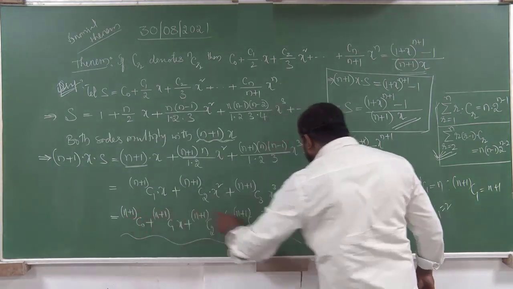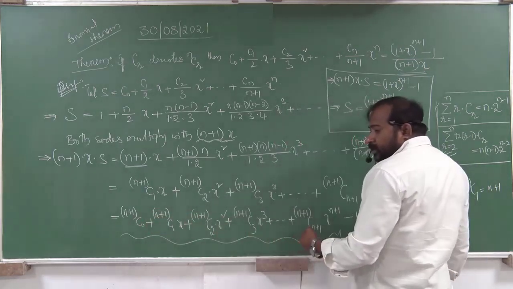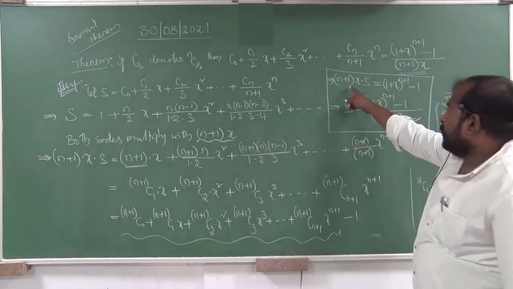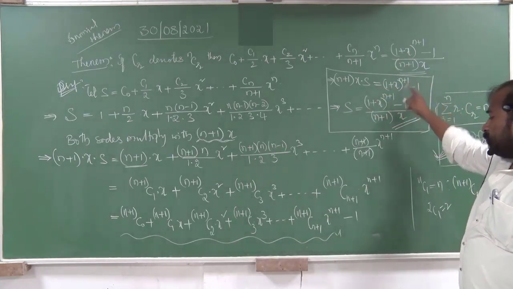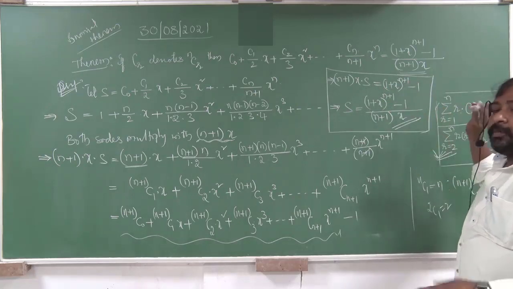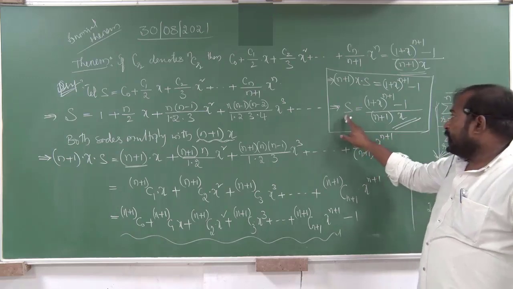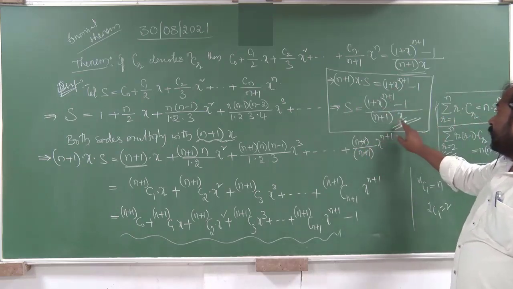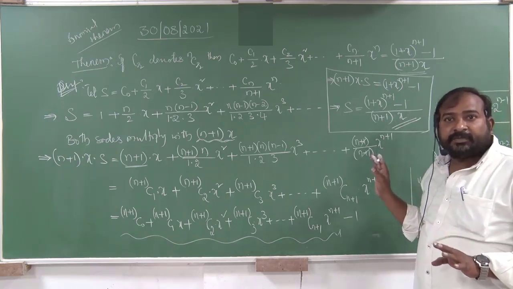Now from the beginning to here, if you observe, this is a binomial theorem. Of course, the power value is n plus 1. So total n plus 1 into x into s is equal to 1 plus x whole power n plus 1 minus 1. But my requirement is s value only I have to find. So therefore s is equal to 1 plus x whole power n plus 1 minus 1 by n plus 1 into x. That's it. Got it, ma?